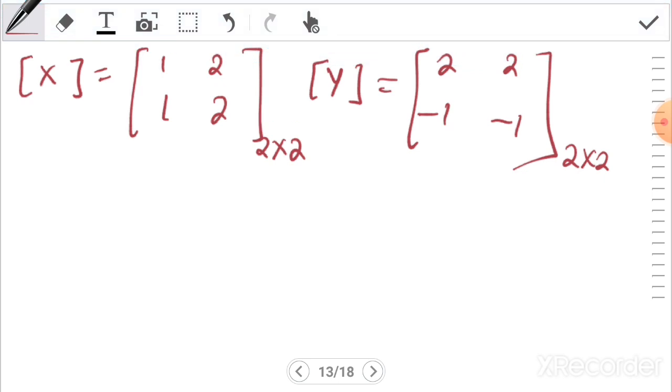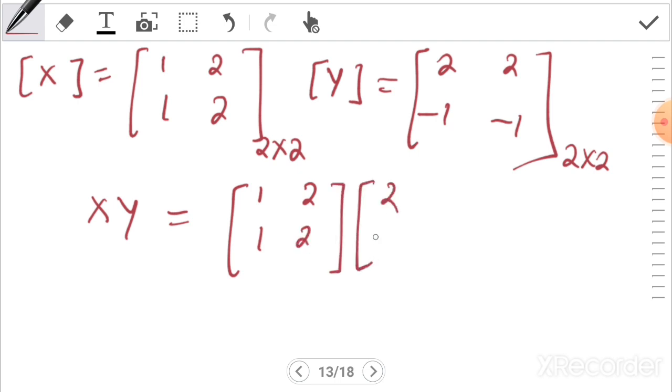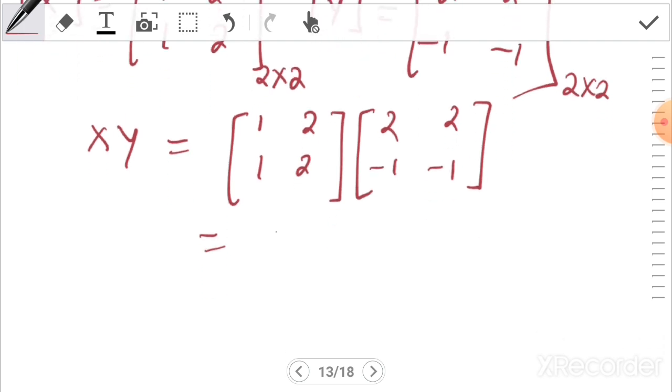Now see, x, y is equal to 1, 2, 1, 2, 2, minus 1, 2, minus 1 is equal to 2 minus 2, 0, 2 minus 2, 0, 2 minus 2, 0, 2 minus 2 again 0.